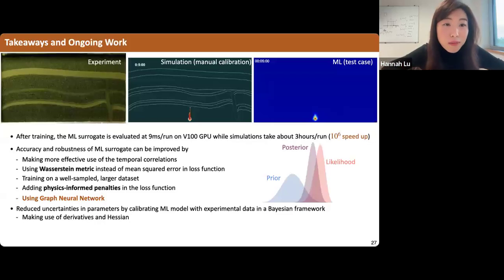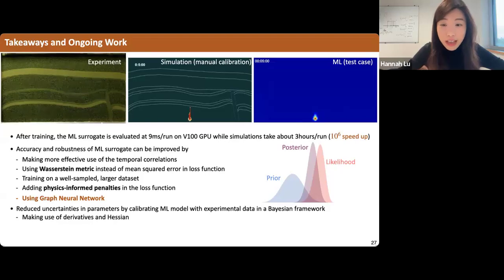Just to wrap up with the takeaways and some ongoing work: we see that the machine learning model is able to learn effectively from a very limited data set, and the speedup is significant. It's still early-stage work, and we have a lot of ideas to improve the accuracy and the robustness of the machine learning model, including the graph neural network.